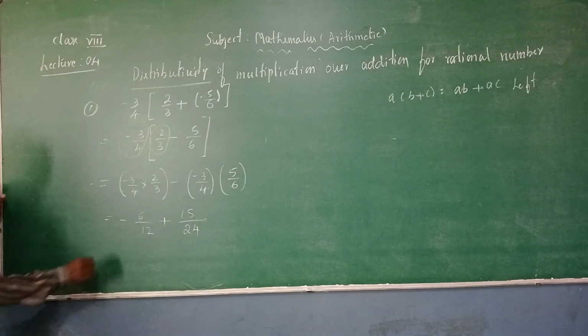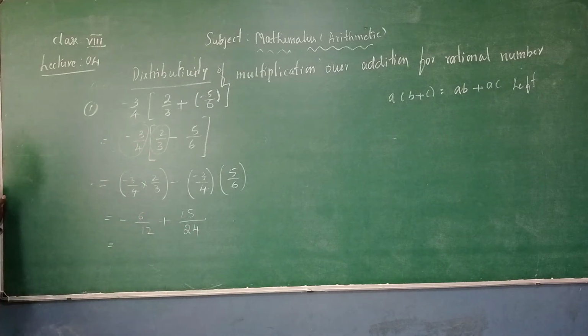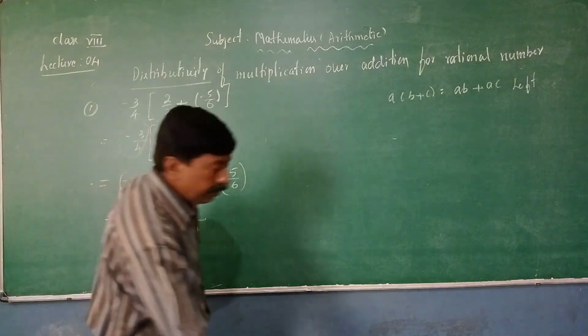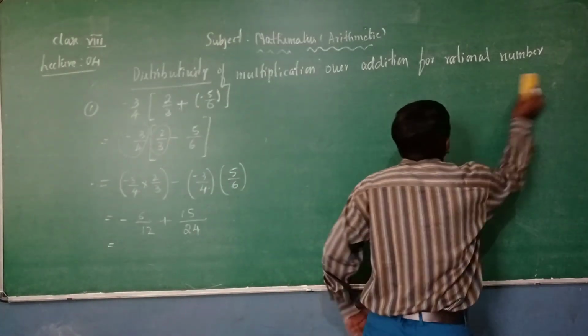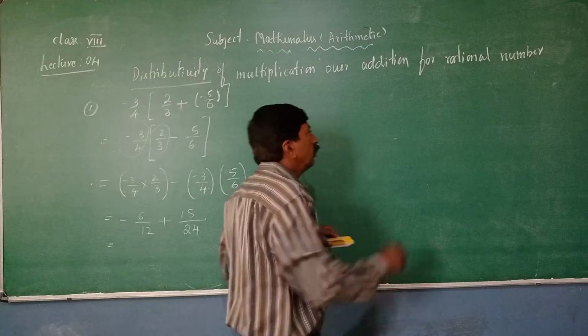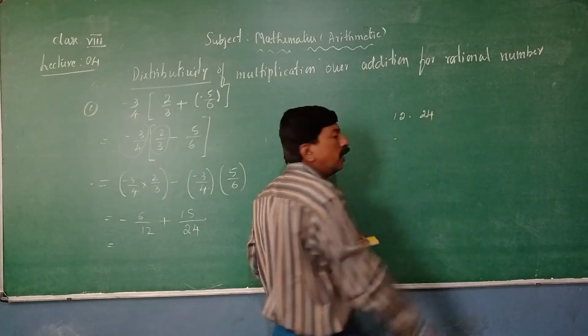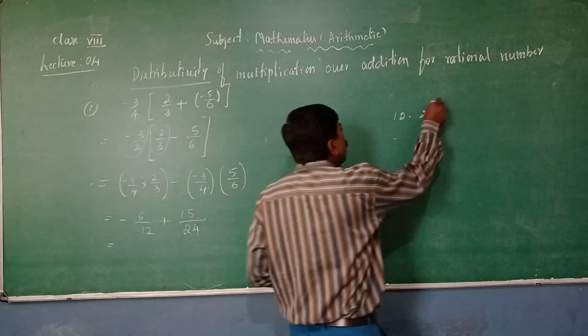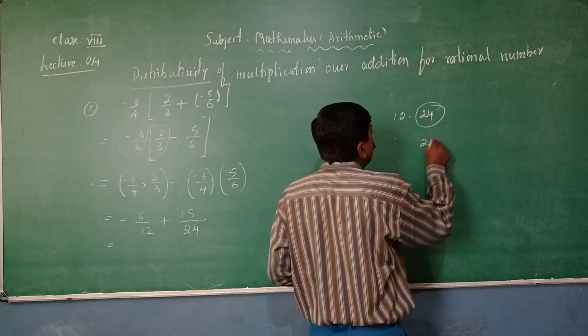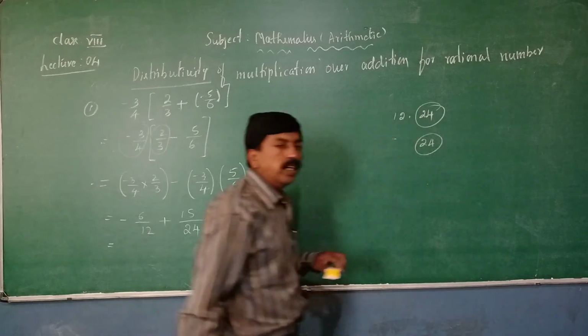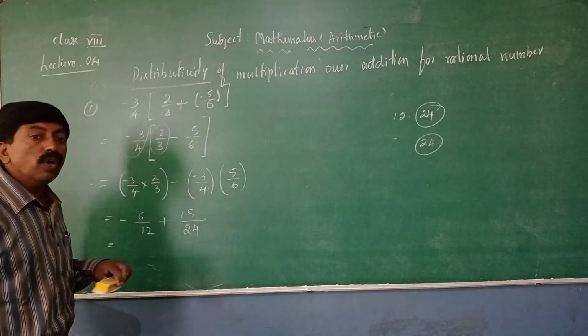Once again, for 12 and 24, what is its LCM? 12 is a factor of 24. The higher number is the LCM. 12 2s are 24.